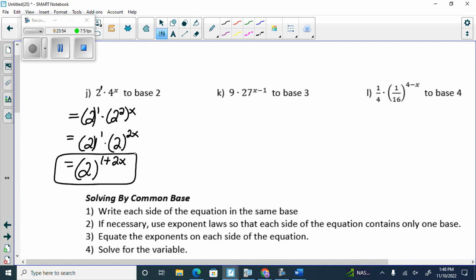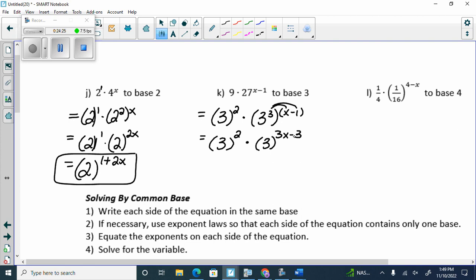The next one, we want them to be base 3s. 9 and 27, we do not multiply together. We say 9 is 3 squared. 27 is 3 cubed. But it's to the x minus 1. So we're going to get 3 to the 2 times 3 to the 3x minus 3.